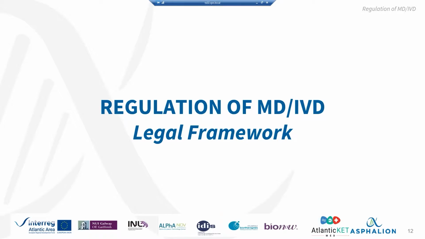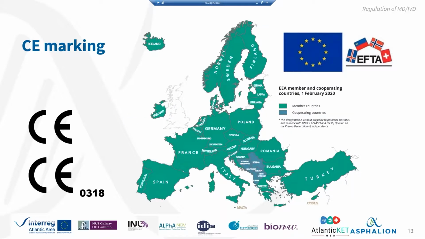First, we're going to talk about the legal framework. What do we have to do in order to place one product in the European market? As you may be aware, what you need to do is obtain the CE marking for your product. This process can be done with or without the involvement of a notified body.